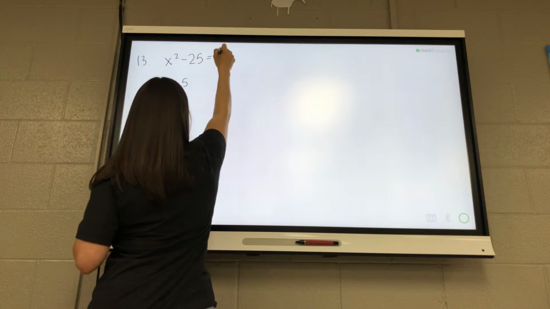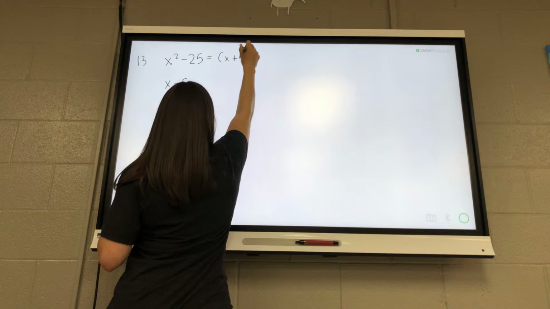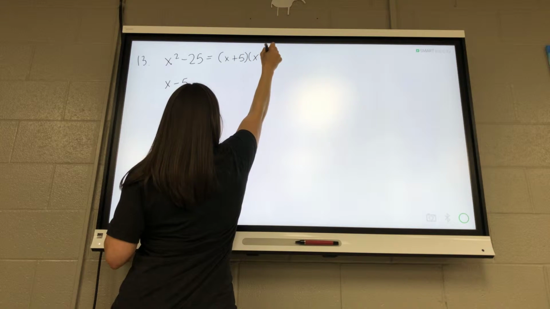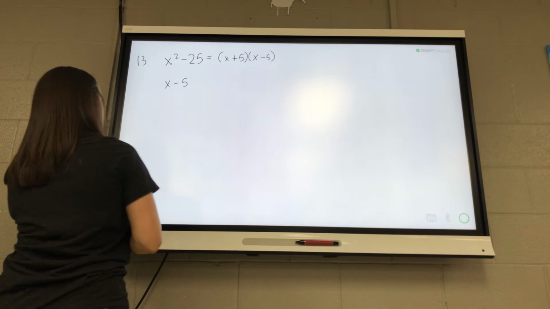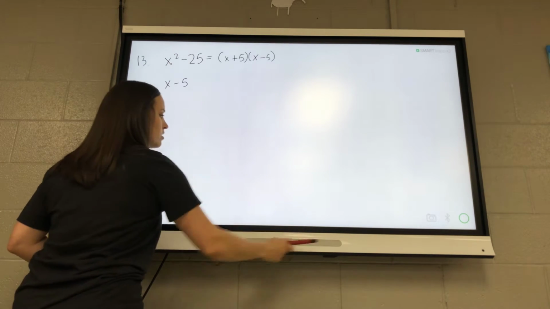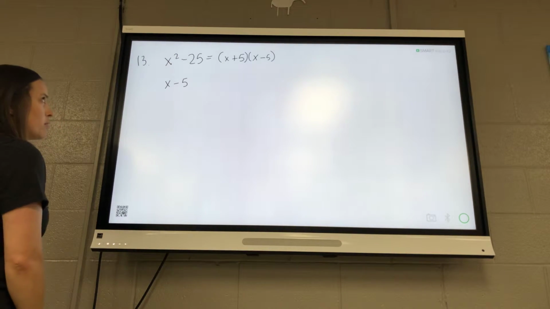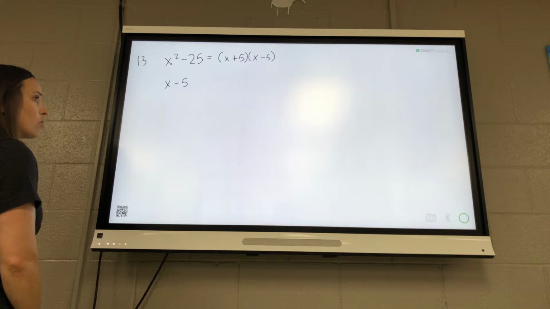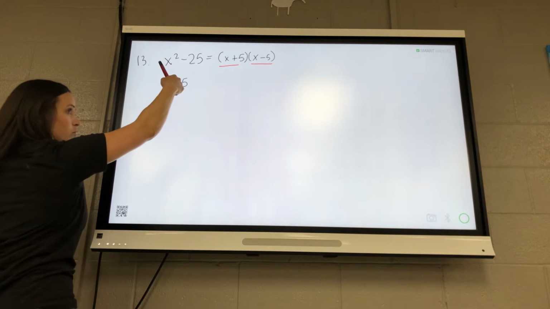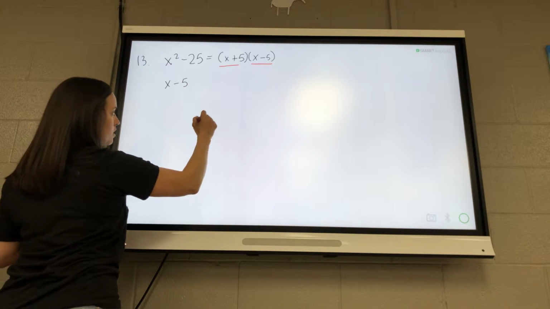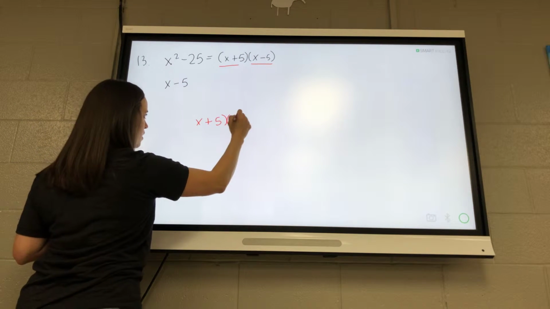Alright, so this one would have factored here, right? This is a number, this is a number. What would our least common denominator be of those two? We would have to include both of these things. I don't have to include this one twice, right? So it's x plus 5, x minus 5.